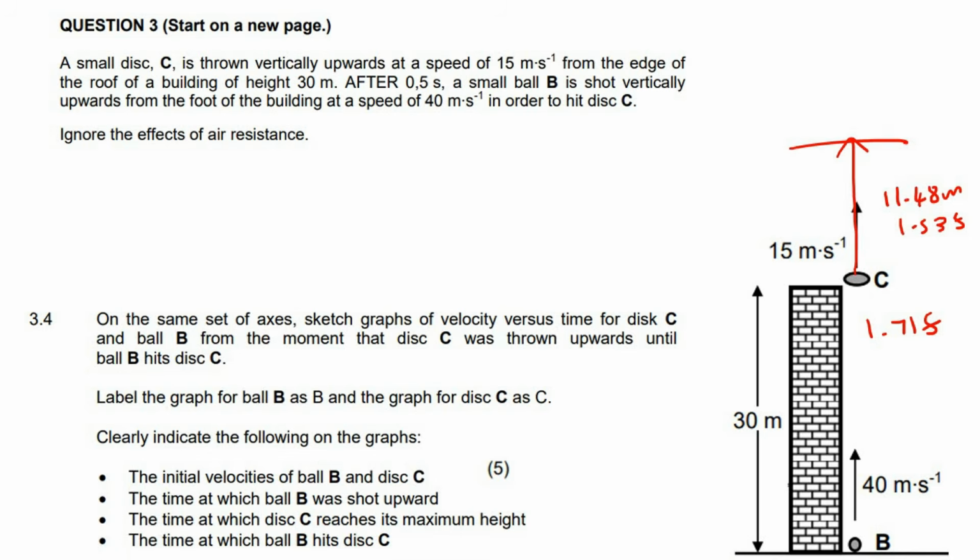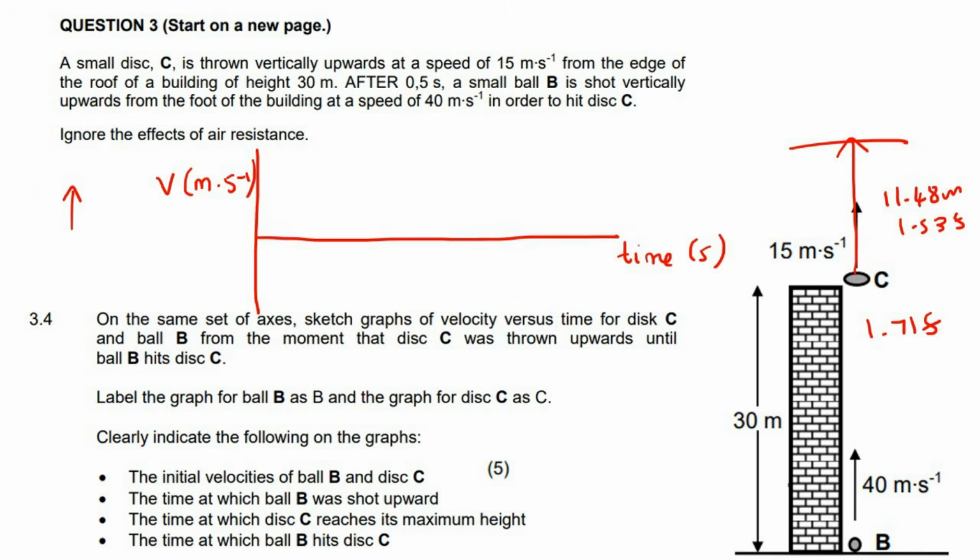On the same set of axes, sketch graphs of the velocity versus time for disk C and ball B from the moment that disk C was thrown upwards until B hits disk C. Label the graph as B and C. So we need a y-axis and an x-axis. The y-axis will be velocity, measured in meters per second, and the x-axis is time, measured in seconds. Choose a direction as positive. I'll just choose upwards.